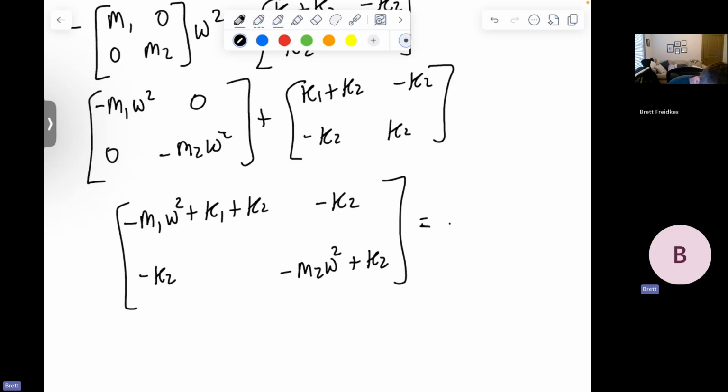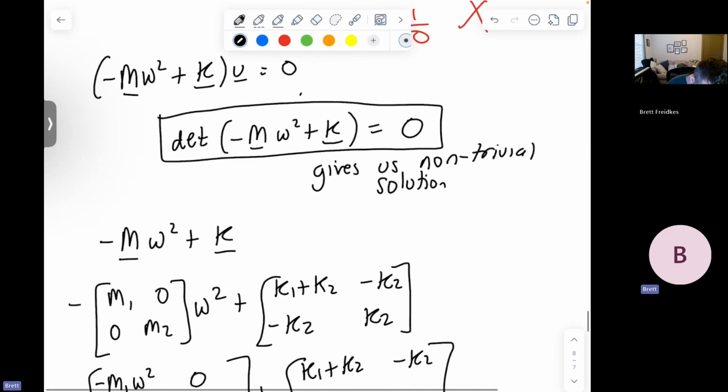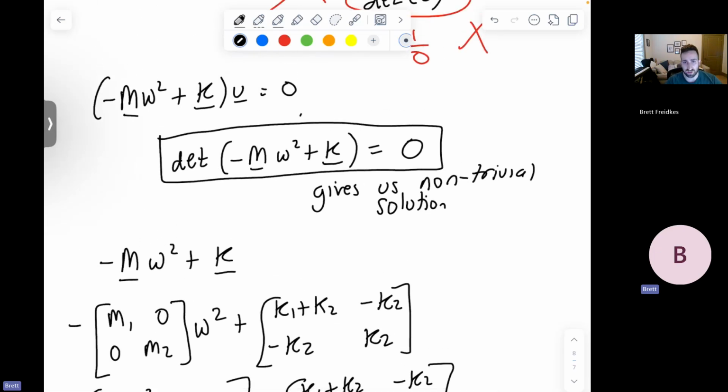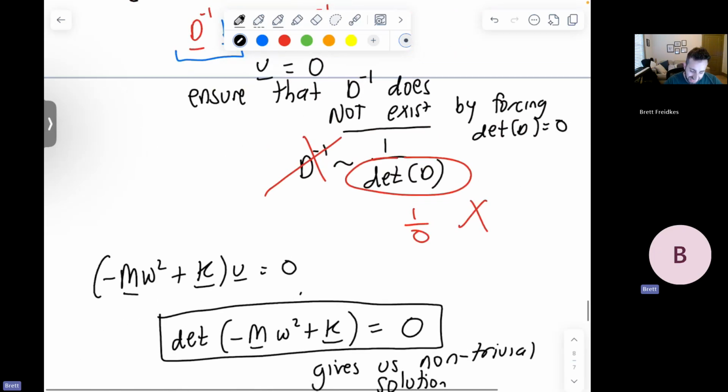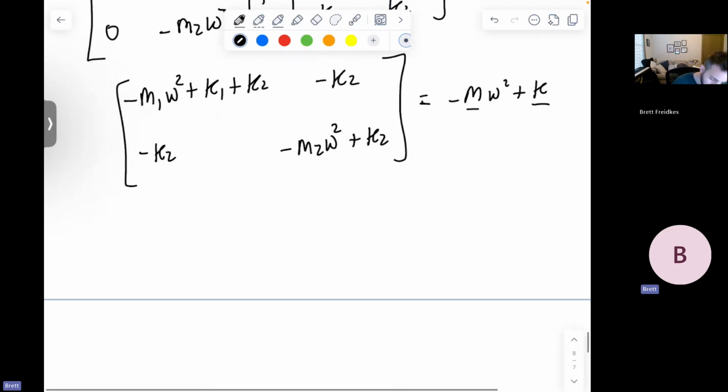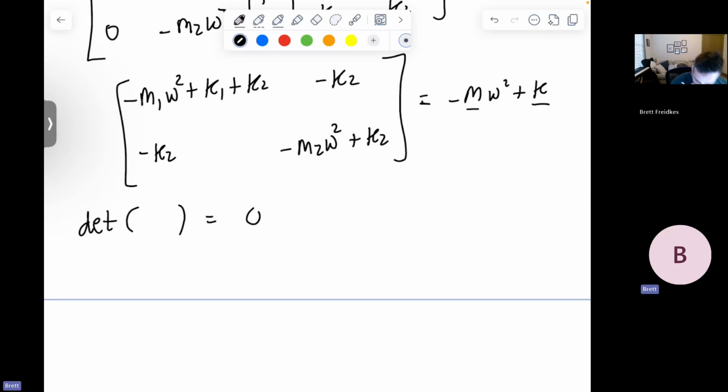This is, again, negative m omega squared plus k. And as we wrote earlier, we want the determinant of that matrix to be equal to 0, because that ensures that the inverse doesn't exist. If the inverse existed, we would end up with this trivial solution of u equals 0. We don't want the inverse to exist. So what we do is we take the determinant of this matrix and force that equal to 0.